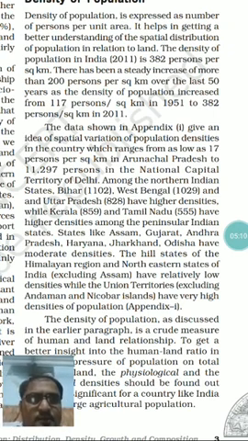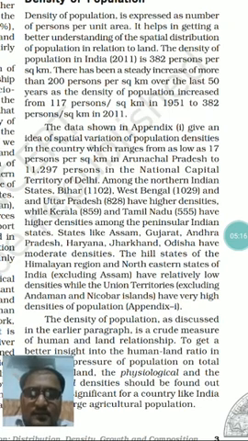If we look at the population increase in the last 50 or 60 years, we will find an increase of more than 200% per square kilometer. The population density of India was 117 per square kilometer in 1951 and 382 per square kilometer in 2011.